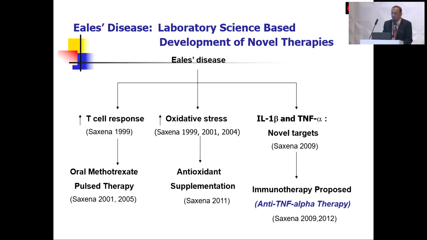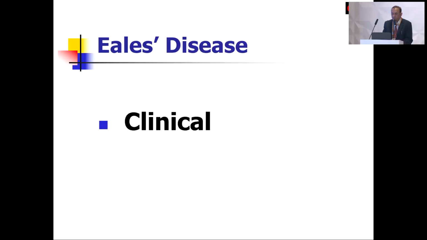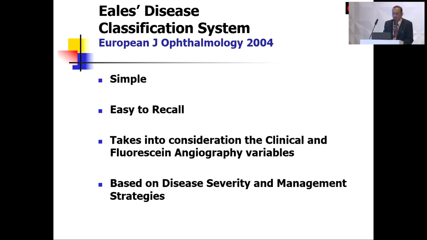IL-1 beta and TNF alpha were discovered as novel targets maybe 15 years back, and so immunosuppressive therapy in the form of anti-TNF alpha therapy has also been proposed. But due to the high cost and the lower socioeconomic strata, the patient somehow is not able to undergo these high-end treatment strategies.